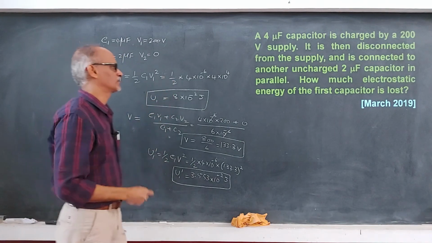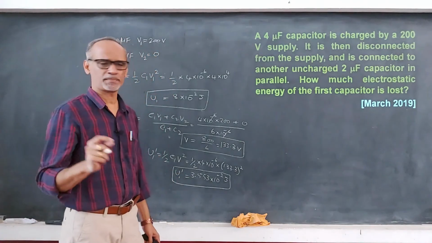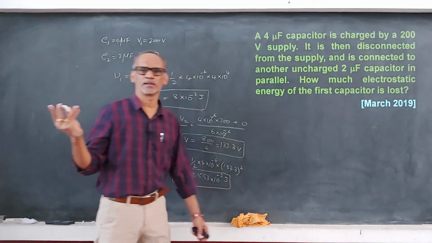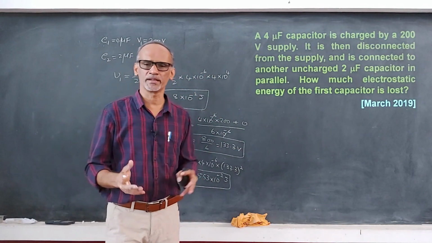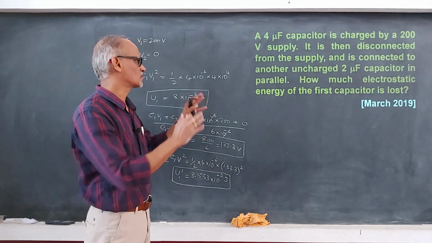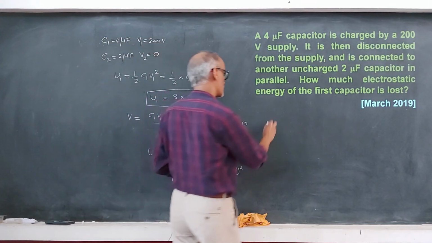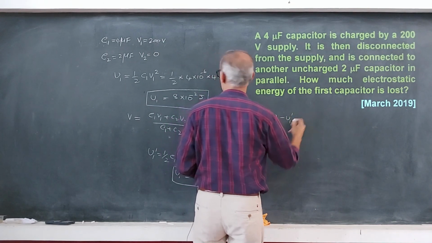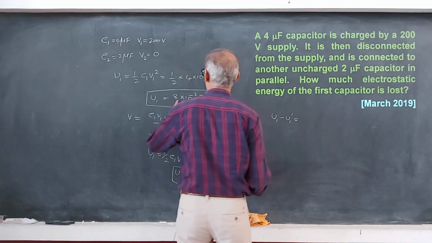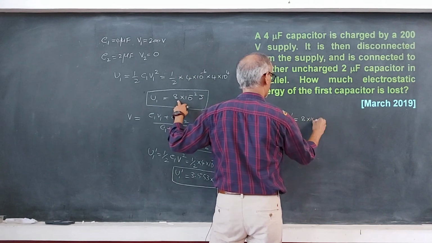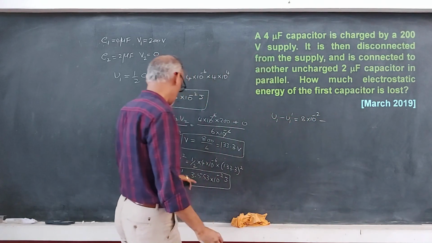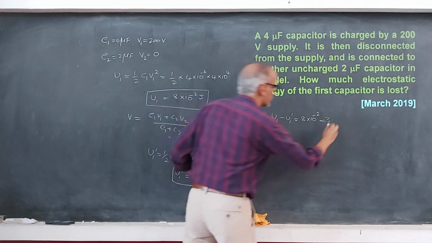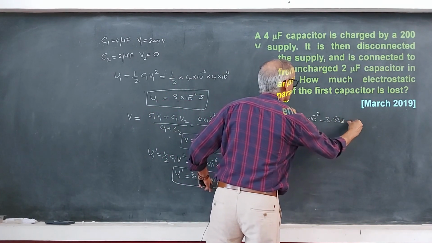So we need to find how much energy is lost only by the first capacitor. So that is why we do not use that loss of energy formula, that is the total energy loss in the entire combination. Here we want to find the energy lost only in the first capacitor. So that is why it is U1 minus U1 dash. So, what is the value of U1? U1 is 8 into 10 to the power minus 2 minus 3.553 into 10 to the power minus 2.